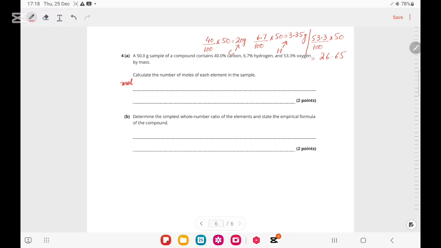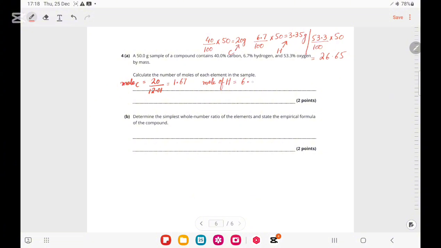First of all, the moles of carbon: mass is 20 grams divided by its molar mass, which is 12.01, and that comes out to be 1.67. Then we need to find the moles of hydrogen.